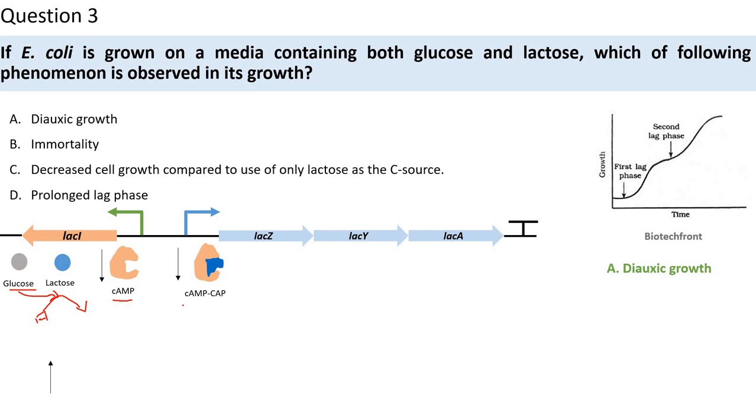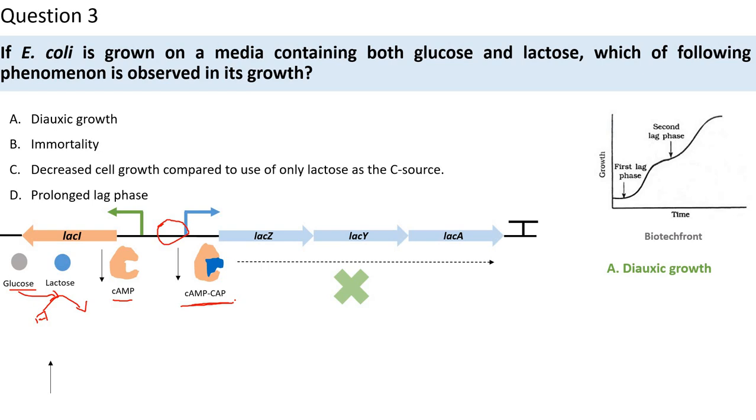This complex has to bind to the upstream region of the operon, because of which transcription happens. If this is present in very low concentration, either the transcription will not happen at all, or else the expression will be very less.